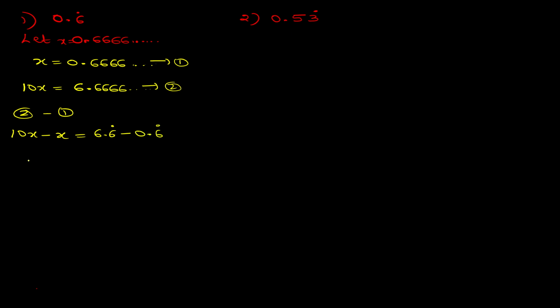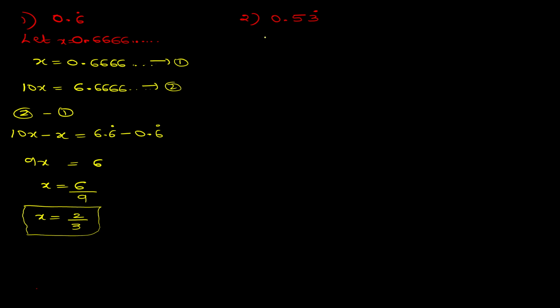So 10x minus x is 9x, and that equals 6, since the recurring part gets cancelled. So what will be the x value now? Since 9 and x are multiplied, it becomes division, so x equals 2 over 3. This is how we can write a recurring decimal as a fraction. If you put 2 over 3 in your calculator, you are going to get 0.66666.